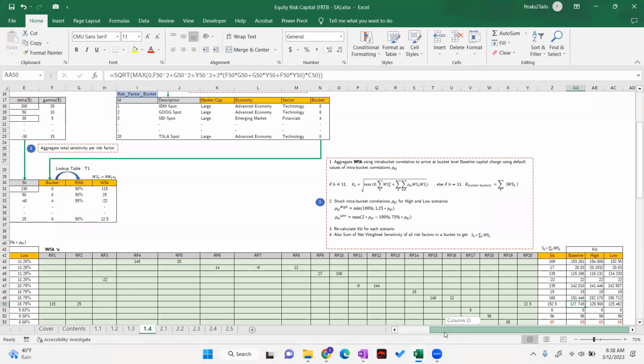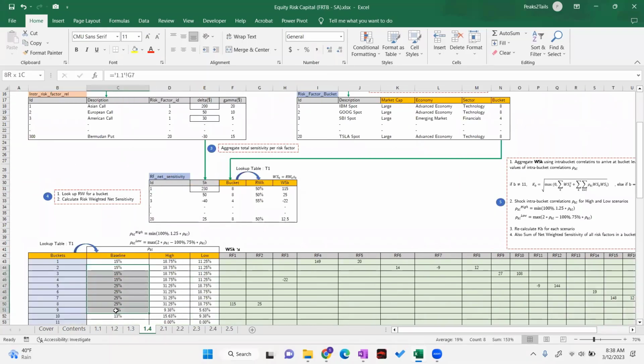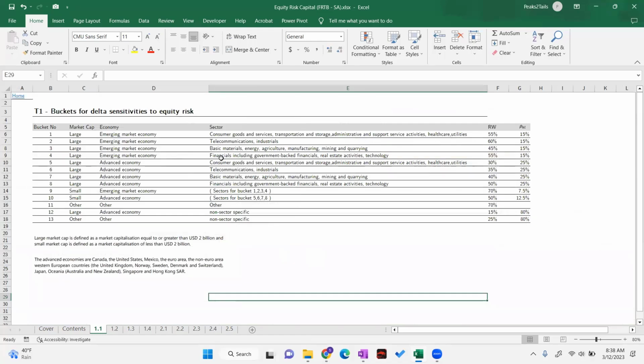That's baseline. I'm using this set of correlations. There is a question: is it a good assumption to consider the same correlation among all risk factors as long as they are within the same bucket? Yes. Within the same bucket, they're all similar. Look at the bucket definition, for example telecommunication and industrials. The bucket definition is coming from the regulator. They must have done lots and lots of regression and correlations, and grouped them together.